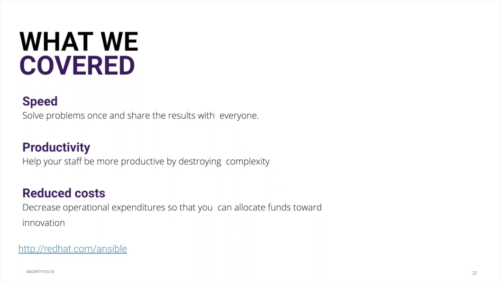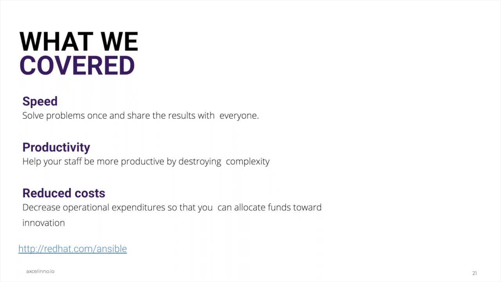The other thing here is reduced costs so that you can change where funds are allocated. As everybody knows, we want to be driving towards innovation, and that's where we want to focus. So reduced costs can be a number of things, tools and platforms to manage everything. How quickly can you recover? How many people does it take to recover? How many people does it take to currently operate everything?